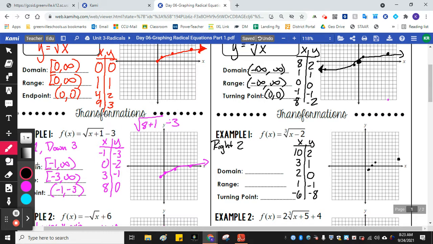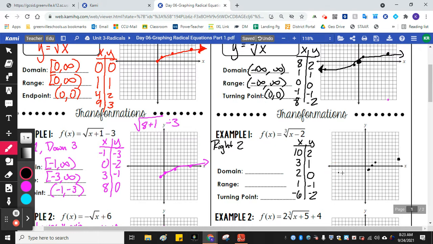That's not right. That'd be like way down here. That'd really look wrong. It should be negative 2, because that'd be negative 8, and the cube root of negative 8 is negative 2. I counted to 8.